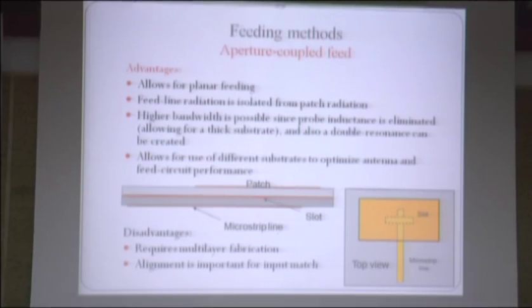Advantages: it allows for planar feeding, feed line radiation is isolated from patch radiation, and it allows use of different substrates to optimize antenna and feed circuit performance. Disadvantages: it requires multi-layer fabrication. Alignment is important for input match.